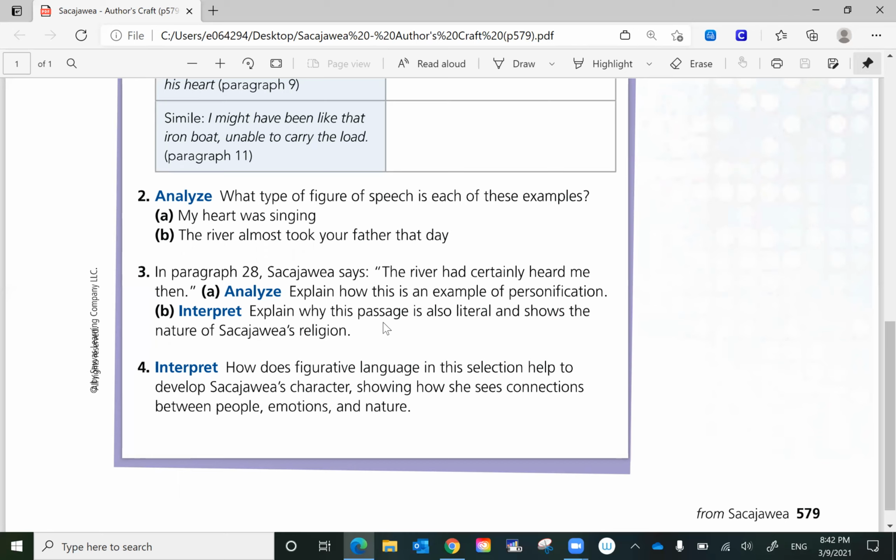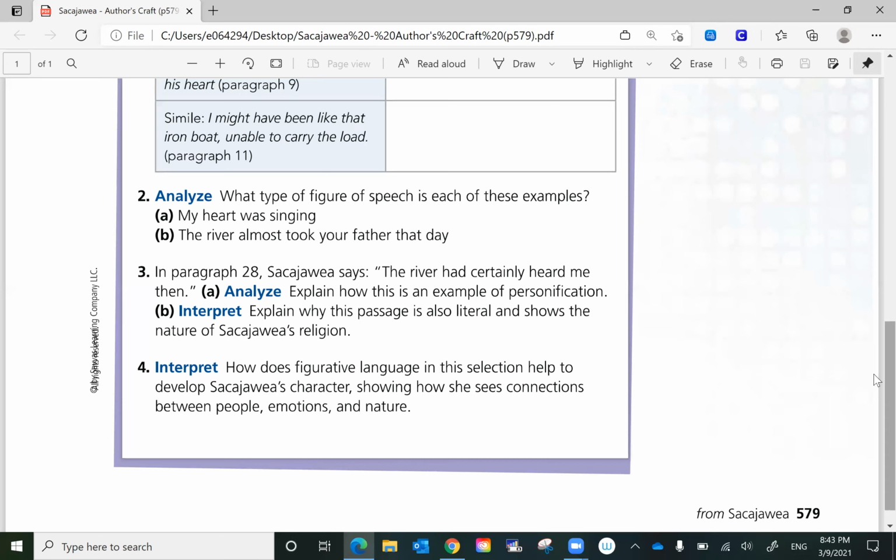But it also should not be too difficult to explain how this could also be taken literally. All right. And then also, again, the nature of Sacagawea's religion, which would mirror Native American religion.